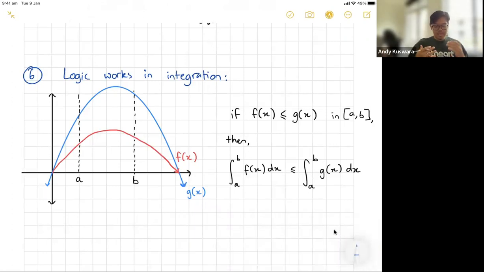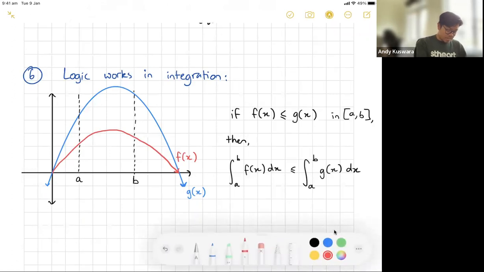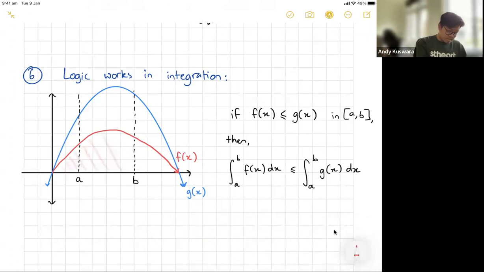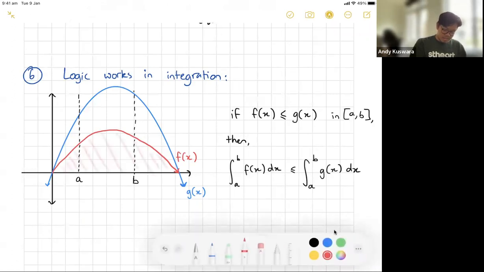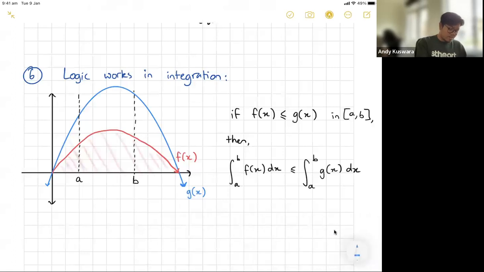So if f(x) is less than g(x), if we integrated and found the area under each curve, the area under the red curve is going to be significantly less than the area underneath the blue curve.